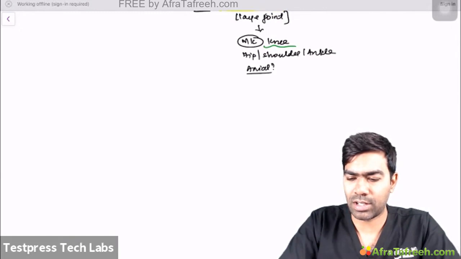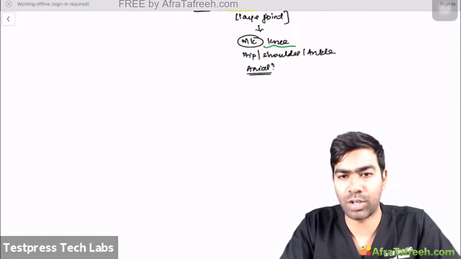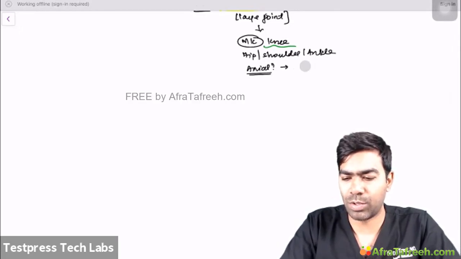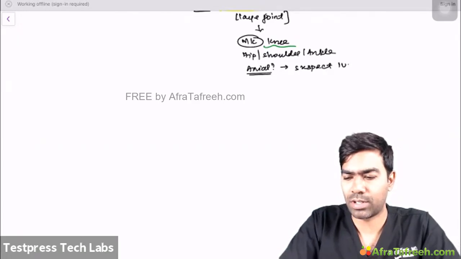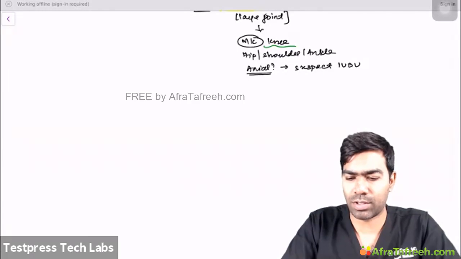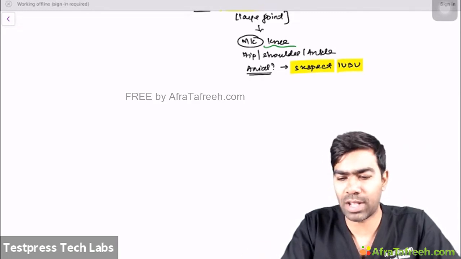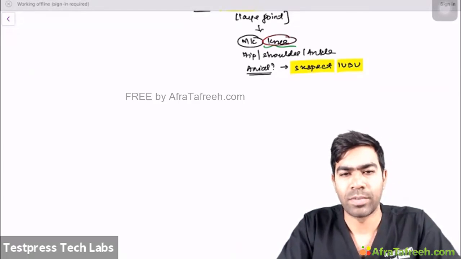Axial joints, in the sense of the sacroiliac joints and the vertebral joints. Whenever you have involvement of axial joints, you have to always suspect an IV drug user. This is what you have to suspect whenever there is axial joint involvement, very common in the setting of an IV drug user.